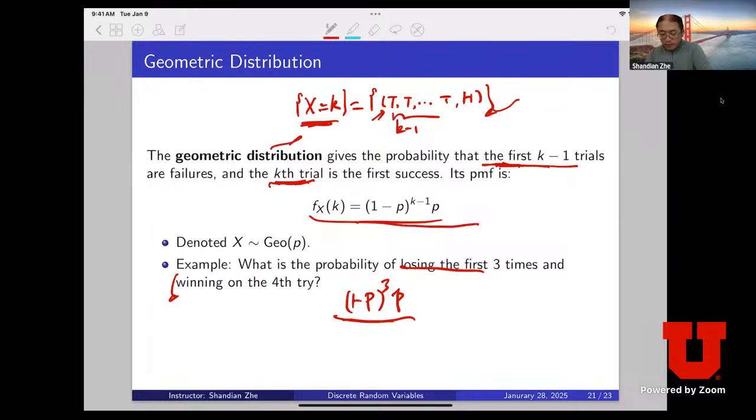The biggest difference from the binomial distribution is that the geometric distribution specifies a single sequence for each value of the random variable. It's not like the binomial distribution, where if I say two successes, these two successes can appear in any two trials among my total n trials. For the geometric distribution, I only have one success, and this one success must appear at the last trial.